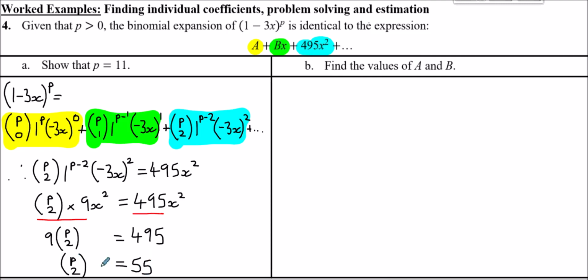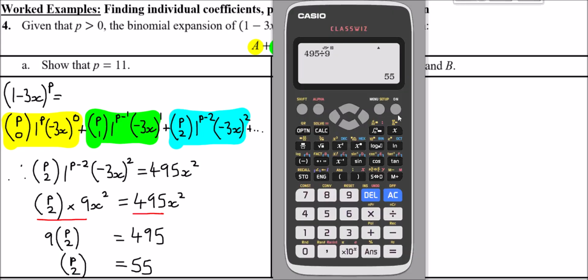So now showing that p is 11, well, we need to just use some trial and error really. We could use the factorial form of what p choose 2 happens to be, and we can do that if we wish, but all we need to do really is just show what it might be. So 11 choose 2 is 55, so by substituting in p is 11, we show that it has to be 55. So we can just write that down.